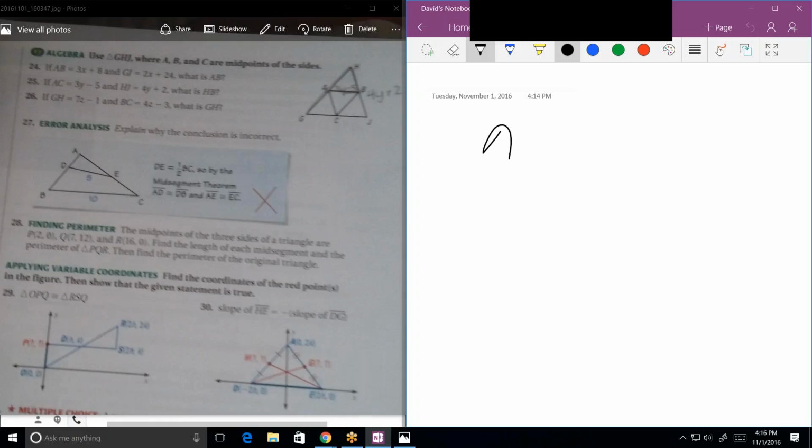What's the relation? Yeah, no, by the way, since we know that HB is the same length as AC, we can divide HJ by 2 and get 3y minus 5 equals 2y plus 1.